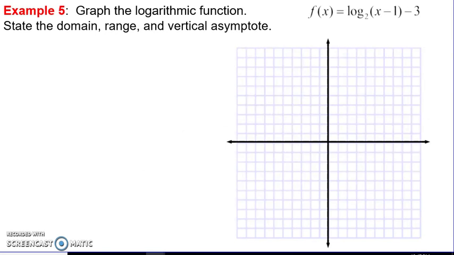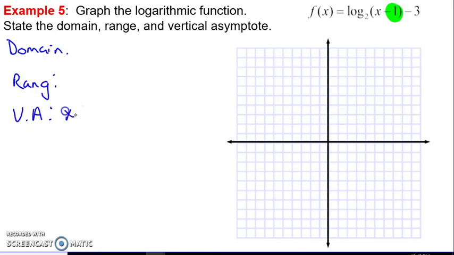So example 5 says graph the logarithmic function, state the domain, range, and vertical asymptote. So looking at this, some key things that I want to highlight is this -1. So I want to find out what my domain is, my range, and the vertical asymptote. So the range with logarithms is always all real numbers, so negative infinity to positive infinity.